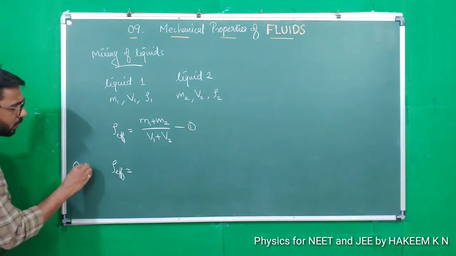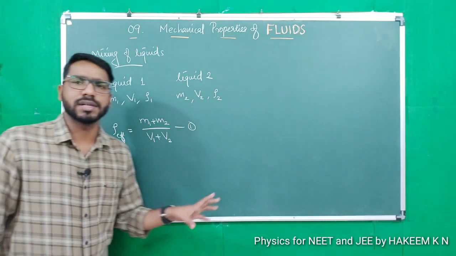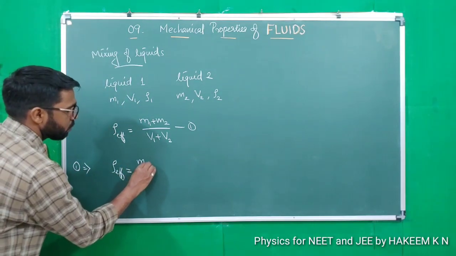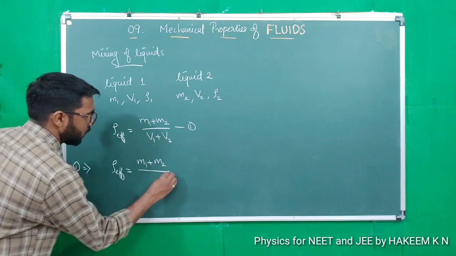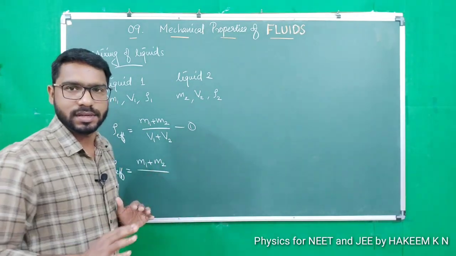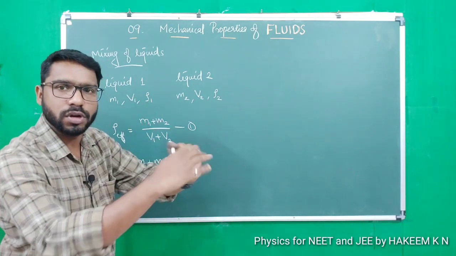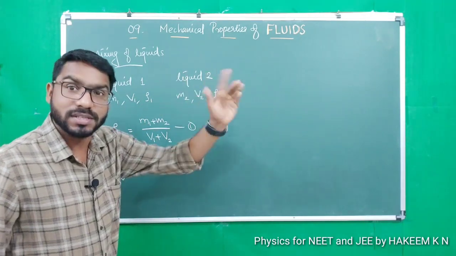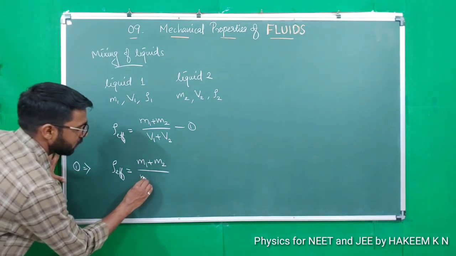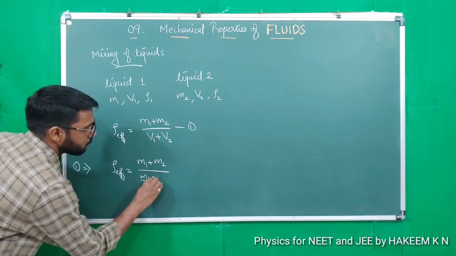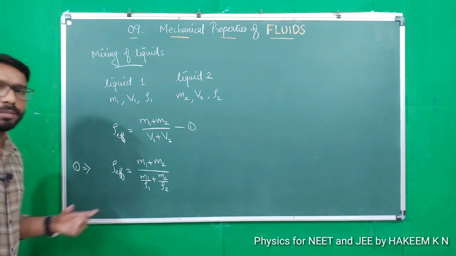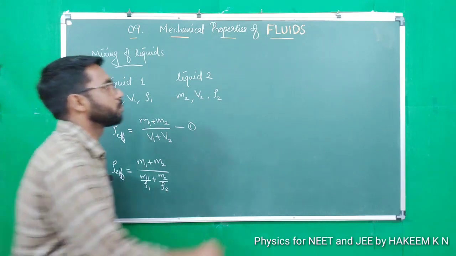Rho effective equals m1 plus m2 divided by, for volume we can write mass by density, because density equals mass by volume, so volume equals mass by density. So we can write m1 by ρ1 plus m2 by ρ2.